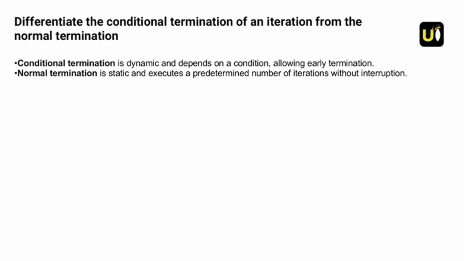So if we were to differentiate between conditional and normal termination, in conditional termination, the loop will end as soon as your condition is met. For example, in our example, the condition was the student being a male. The first card is a female, second card is a female, third card is a male. It terminates here.